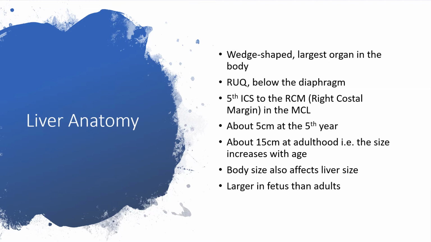At about 5 years, the liver is about 5 centimeters, but at adulthood, it's about 15 centimeters, which means the size increases with age. The body size also affects liver size. Proportionately, it is larger in fetus than in adults.